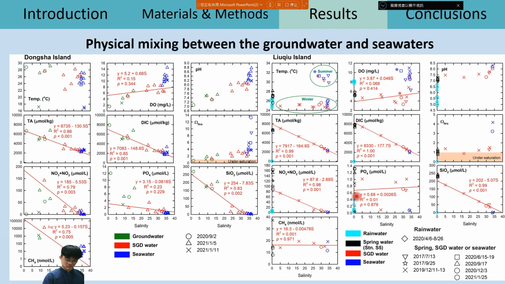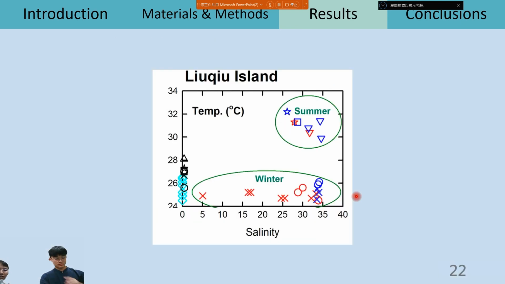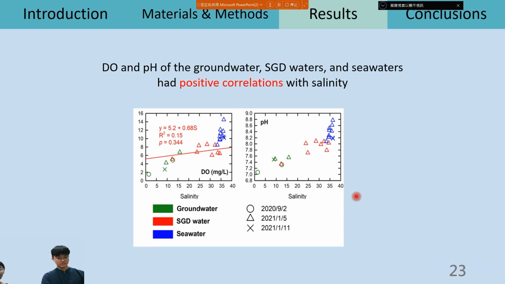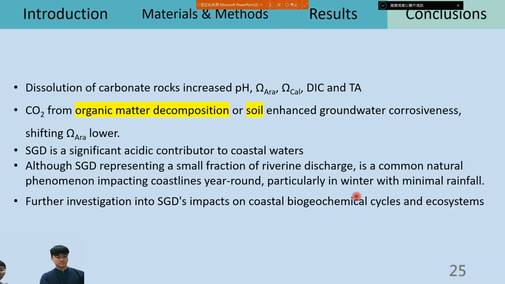You describe the pattern, and then afterwards, you provide explanation immediately. What caused higher DIC in the SGD, or higher TA in the SGD, etc. Based on that, I think you already have enough material for your presentation. Take time to present your data and provide explanation.